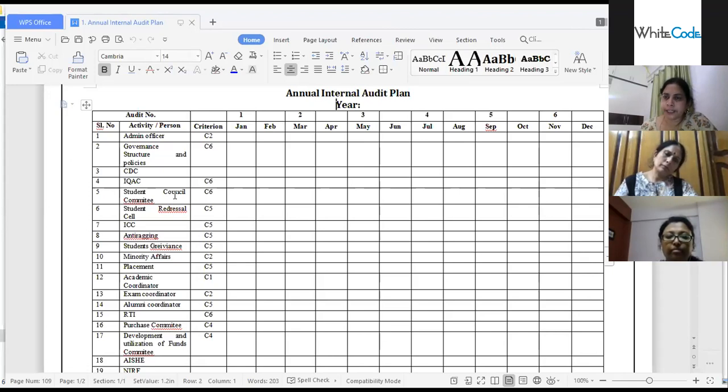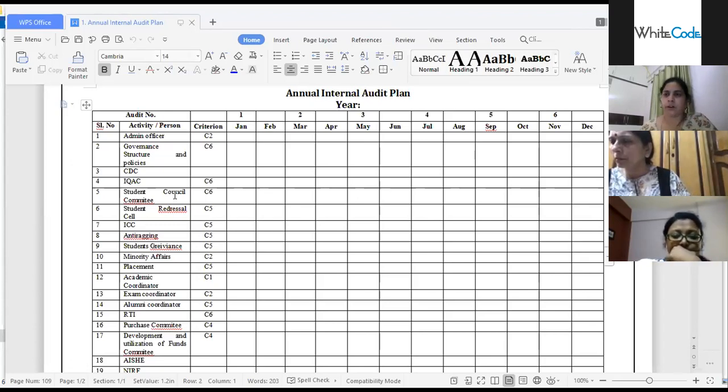And minority affairs as a topic: soon after the admission, when your government scholarship calls happen, and soon after the end date of the scholarship or in between, check that the process is going perfectly, how many applied, and whether there is still time to motivate the students to apply. So you should put the audit in between, either before the start of the process or after the start of the process, depending upon the situation of your college.